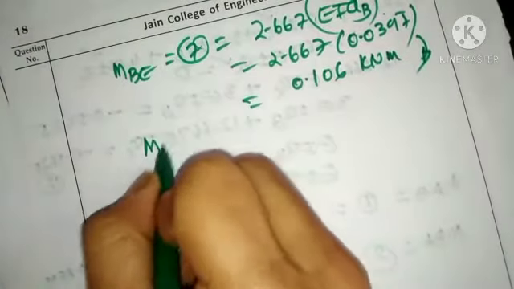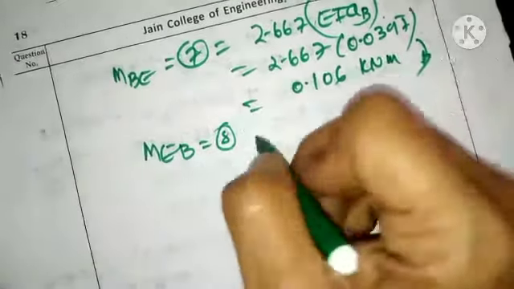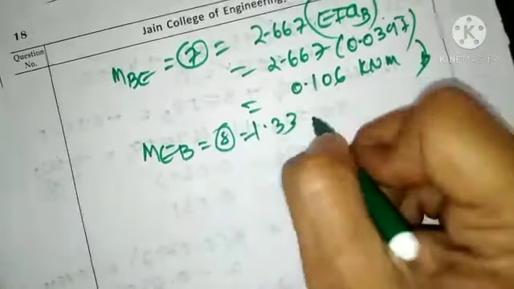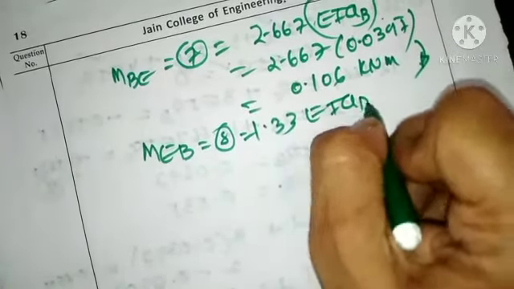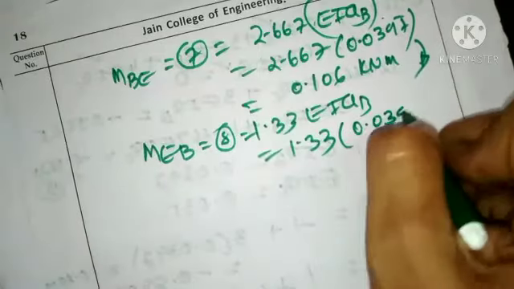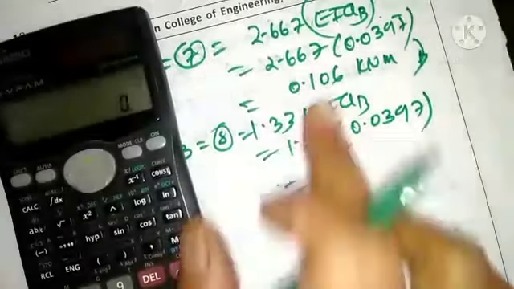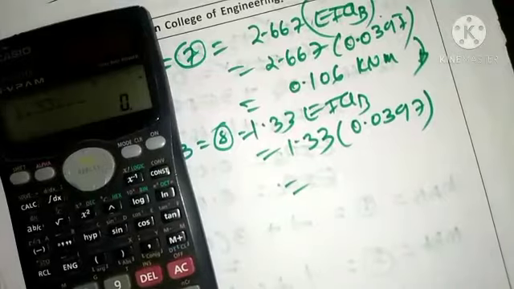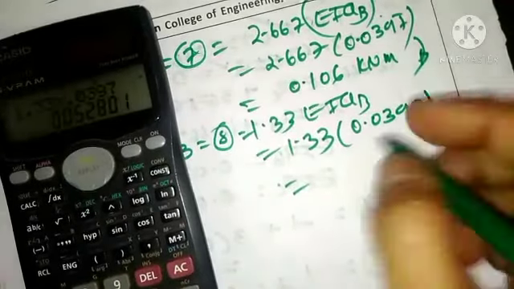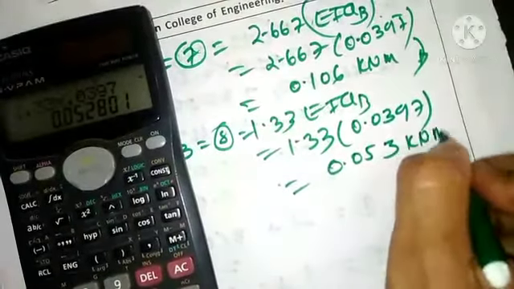Then MEB, which is equation number 8, is 1.33 EI theta B, which is 1.33 into 0.0397, which will be 0.053 kilonewton meter.